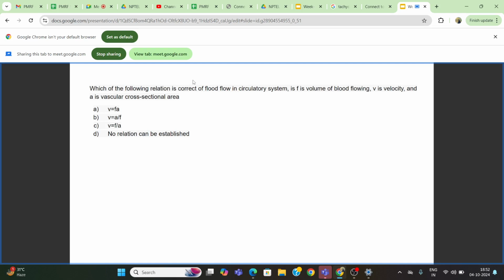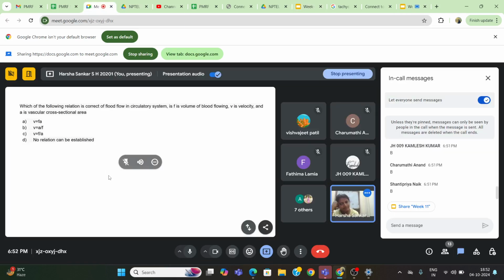F is the volume of blood flowing, V is the velocity, and A is the cross-sectional area. What is the correct relation?